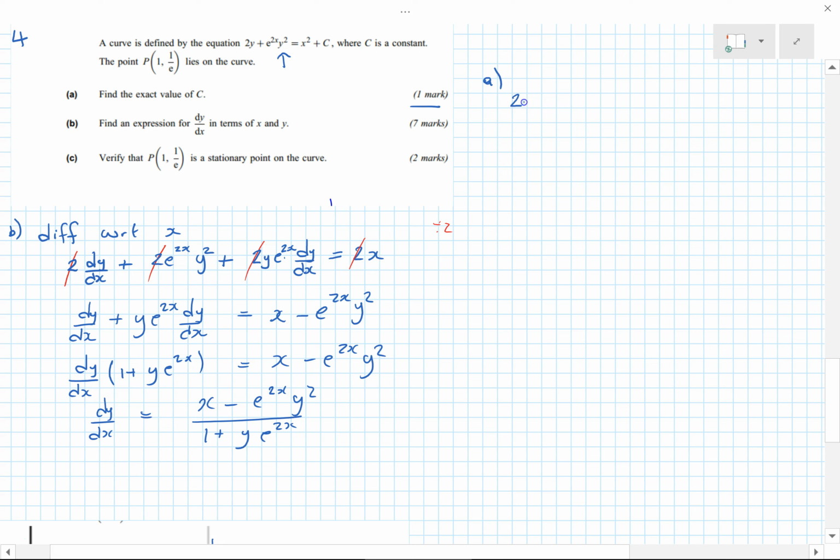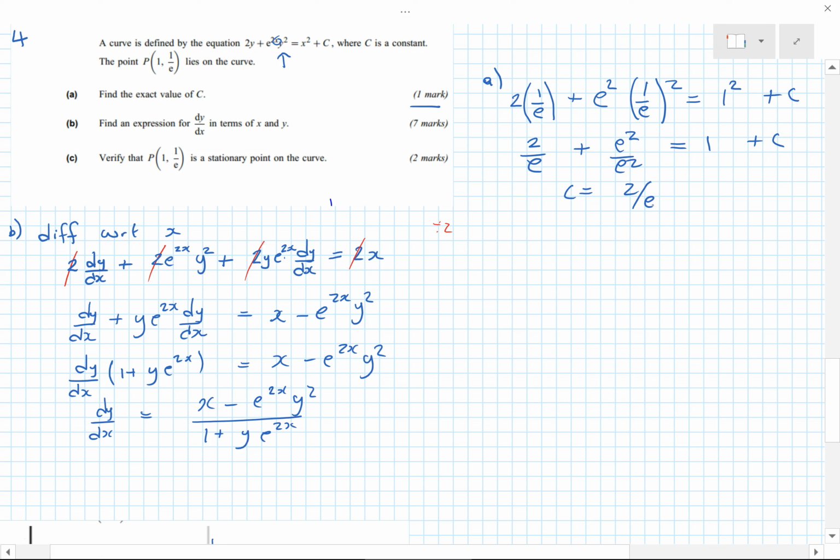So we've got 2 times 1 over e plus e to the 2, because x is equal to 1, times 1 over e squared is equal to 1 squared plus c, and that becomes 2 over e plus, and this becomes e squared over e squared, which is equal to 1. That's equal to 1 plus c, so the 1 cancels and we have c is equal to 2 over e.